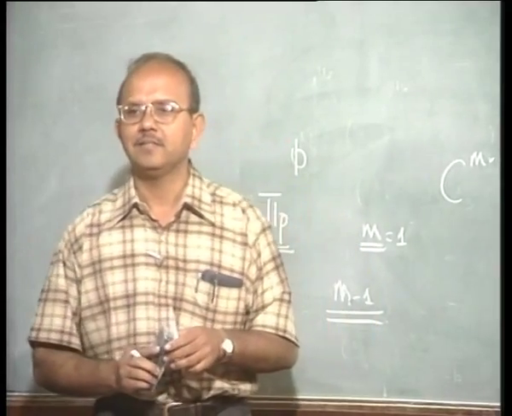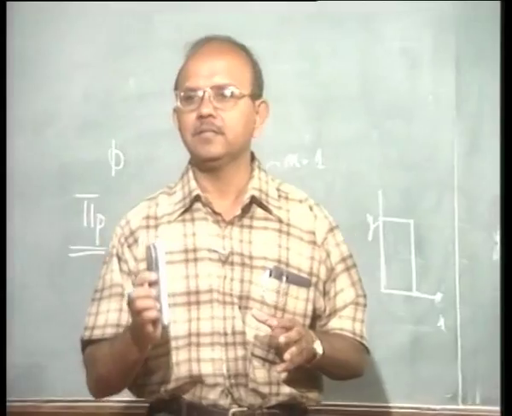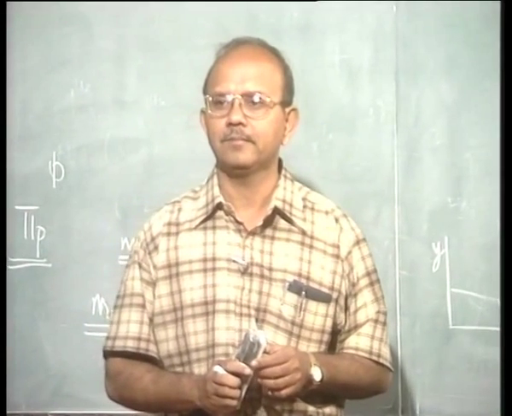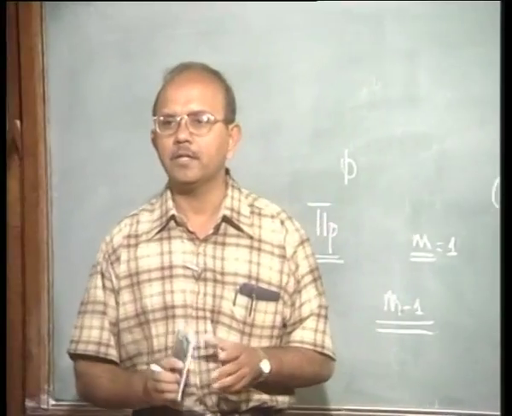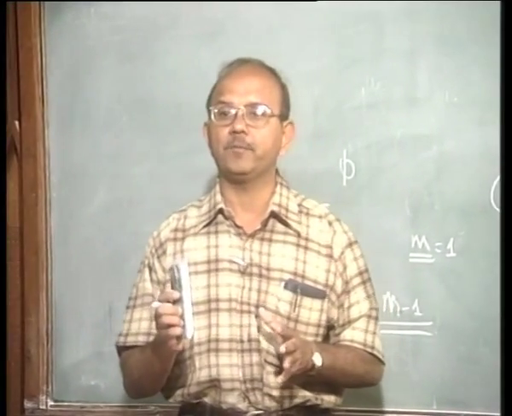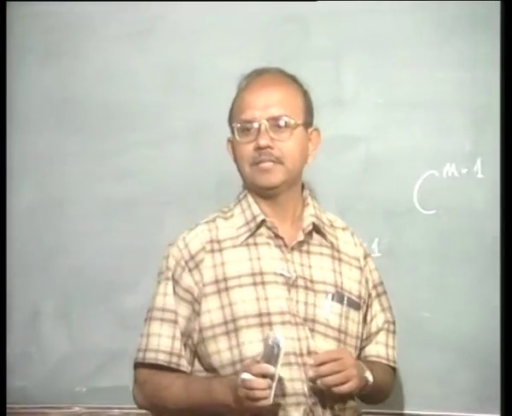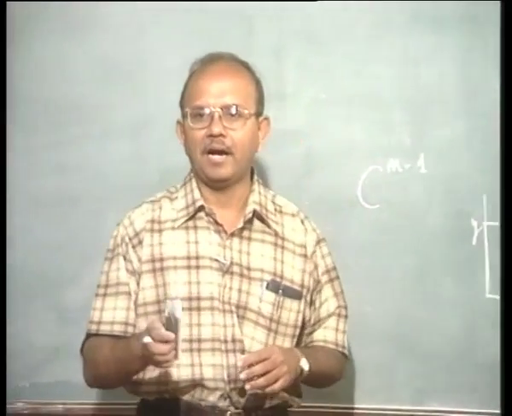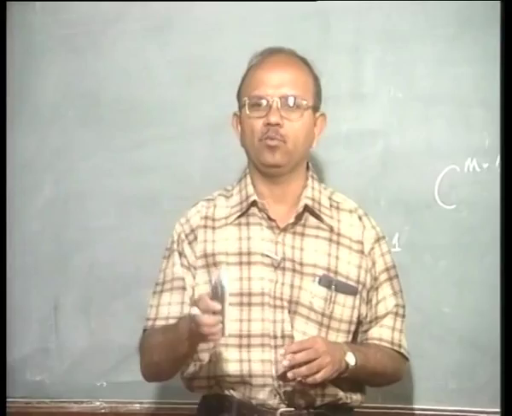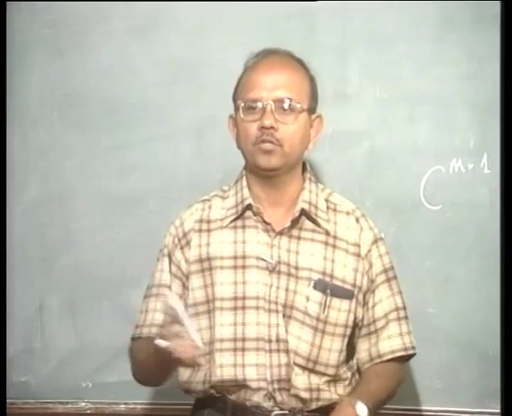The other is by using Lagrange interpolation. By the way, what are the properties of the shape function which you already know? Sigma N is equal to 1, and N1 is equal to 1 at node 1 and 0 at other nodes, and so on.